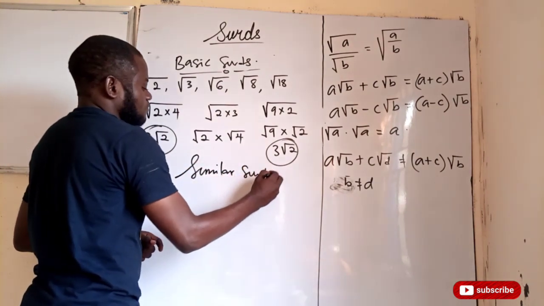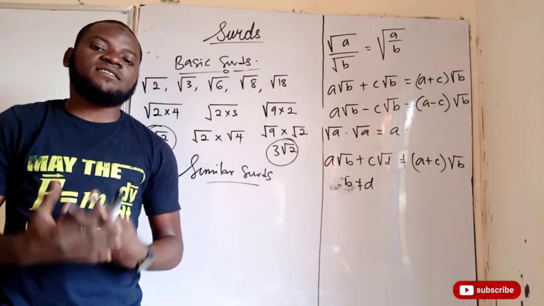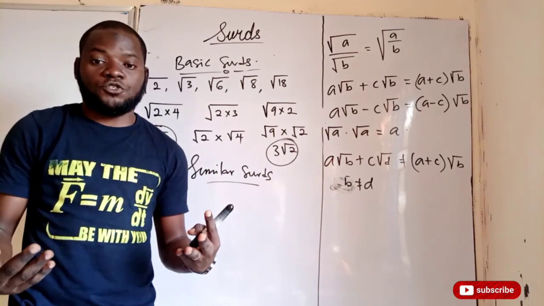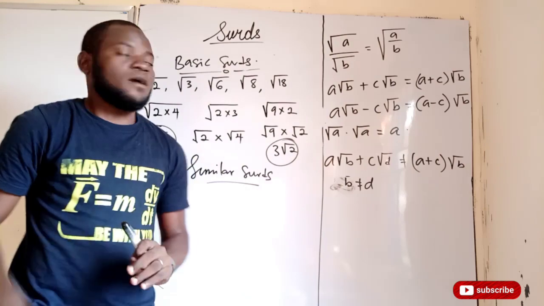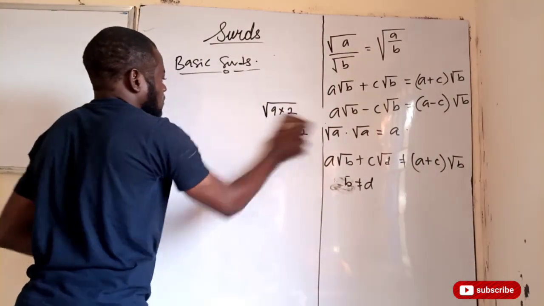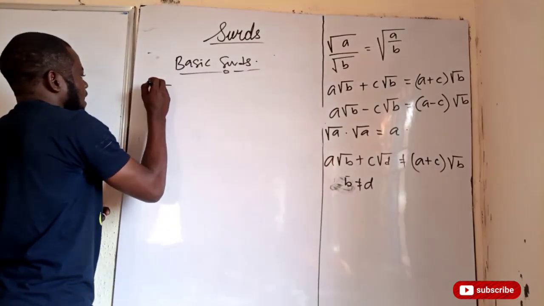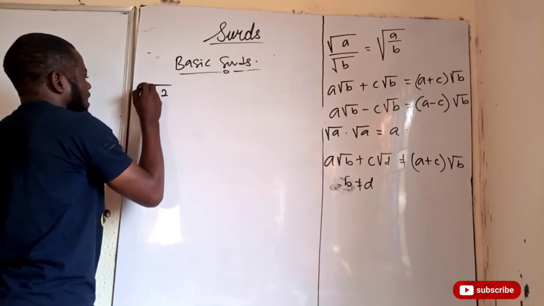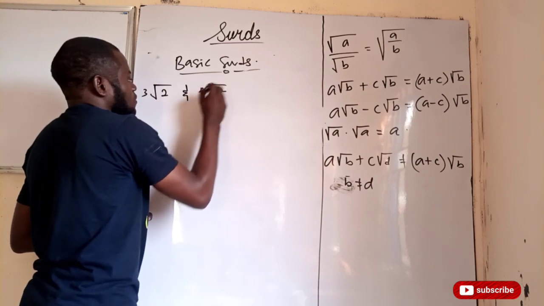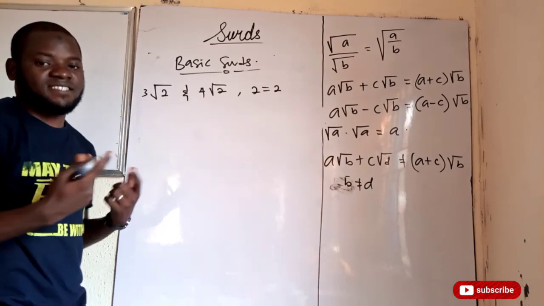Similar surds. When you say surds are similar, what we are simply talking about is that they all have the same numbers under the root. Simply that. When you say similar surds, if I have root 2, if I have 3 root 2 and 4 root 2, because 2 is equal to 2, these surds are similar.